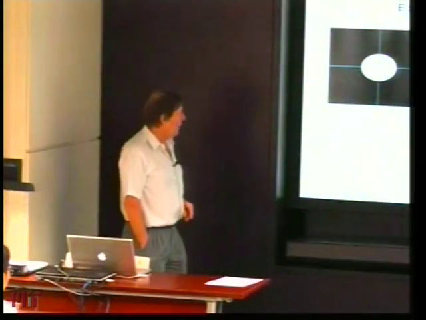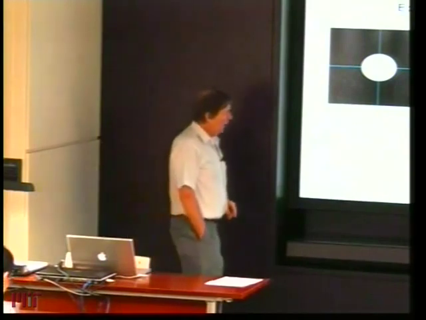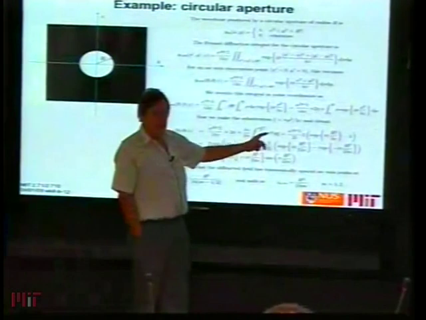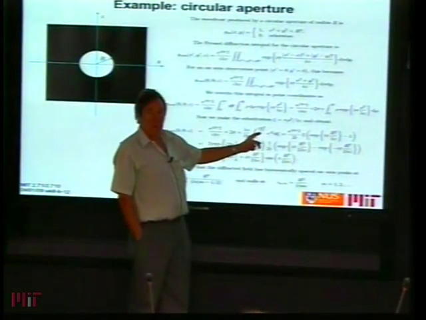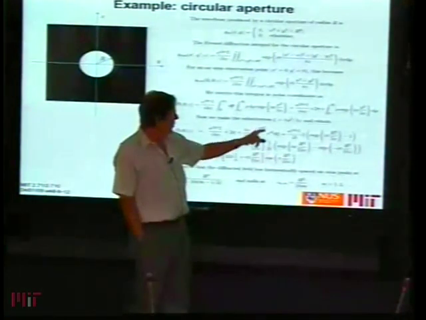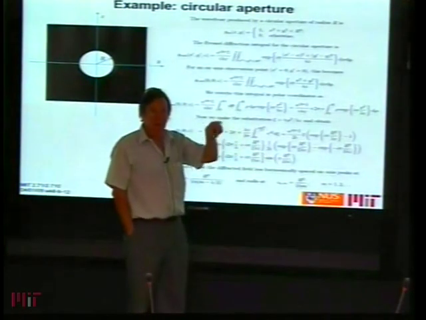The other thing that perhaps is worth mentioning is that when we got down to this integral, this is just the Fourier transform of 1, isn't it? Within this region, it's the Fourier transform of a rect function.